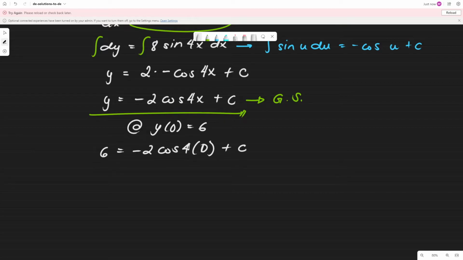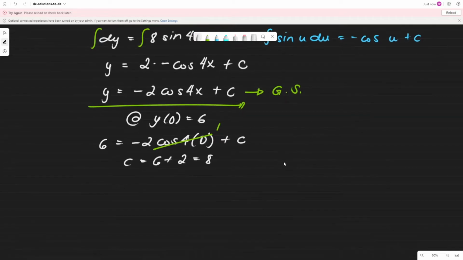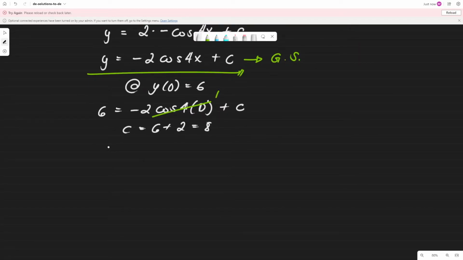And alam natin, 4 times 0 is 0, cosine of 0 is equal to positive 1. So, therefore, we will have negative 2 times 1, that is negative 2. Then, transpose: c is equal to 6 plus 2, which is equal to 8. So, we're just going to substitute it back to the general solution. So, we have y is equal to negative 2 cosine 4x plus 8. So, this is our particular solution.